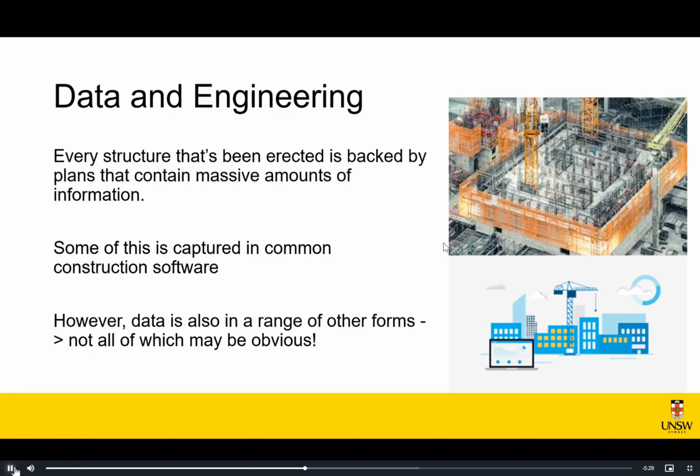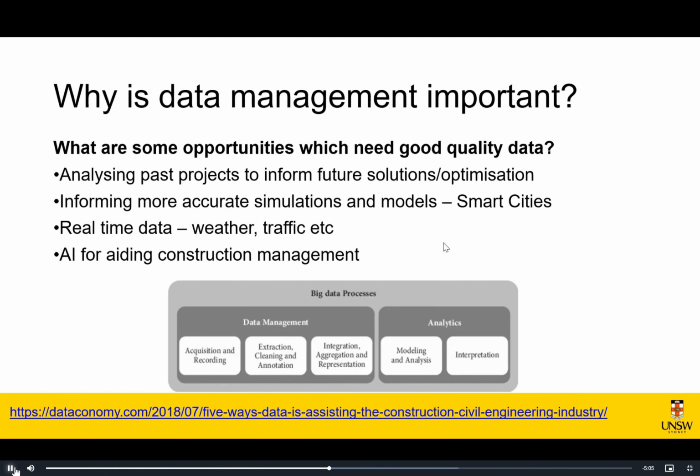And in addition to this, it could also be in other forms such as historical records, environmental data, even social media, and it could also be present in stakeholder engagement meetings or online responses. So there's a whole range of different forms that data can take, especially when we think about how we apply it to our own fields of engineering.